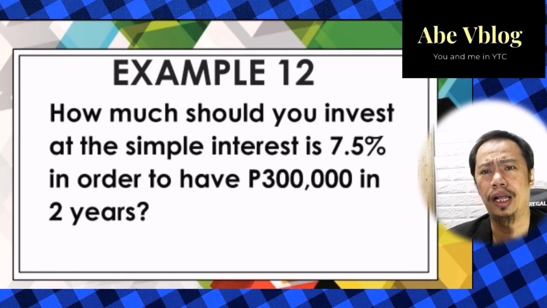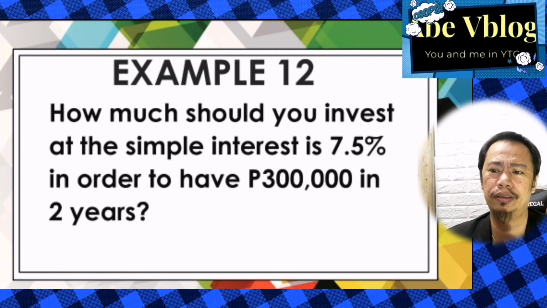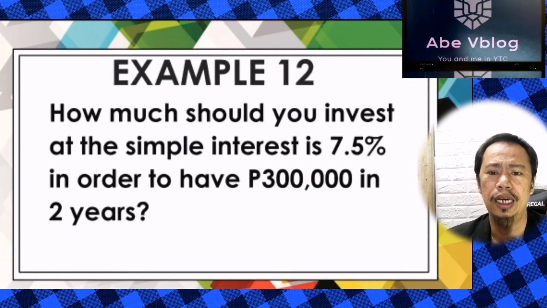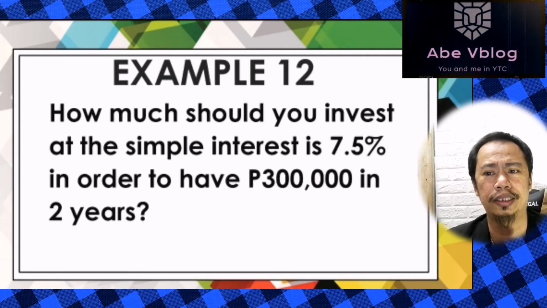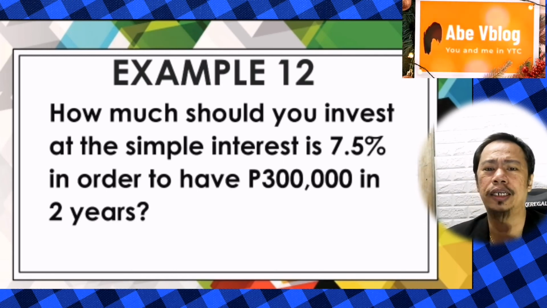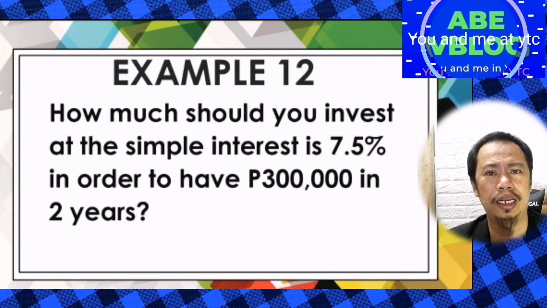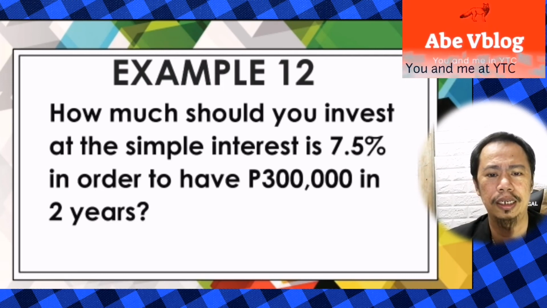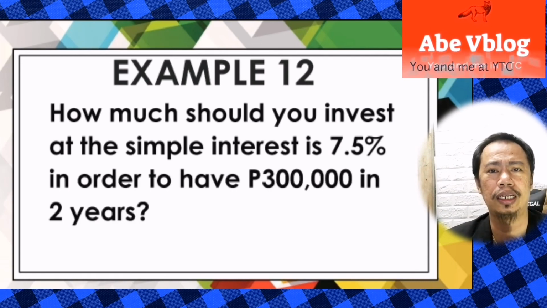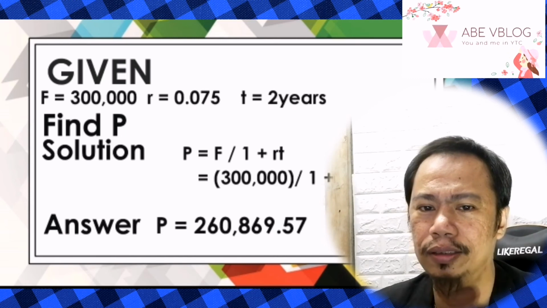Example number 12. How much should you invest at a simple interest rate of 7.5% in order to have 300,000 in 2 years? Again, how much would you invest at a simple interest rate of 7.5% in order to have 300,000 in 2 years? 300,000 is the future value, that's the target.